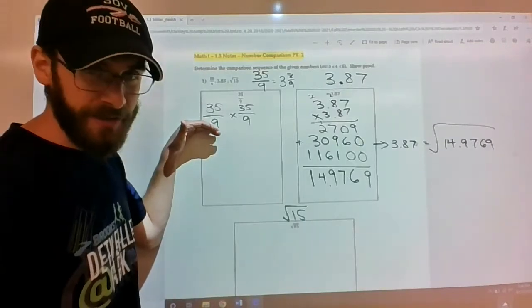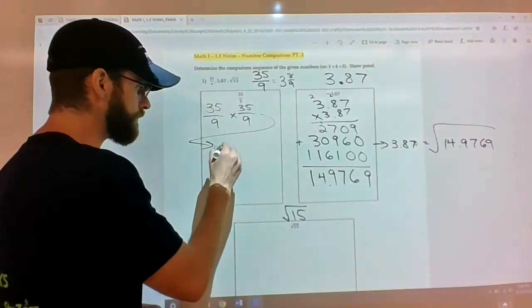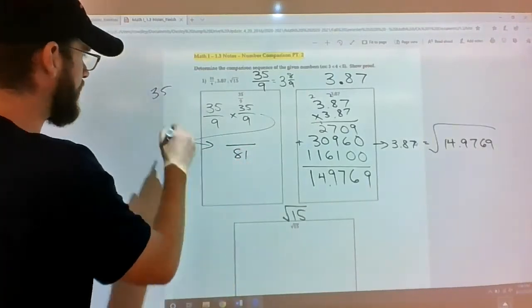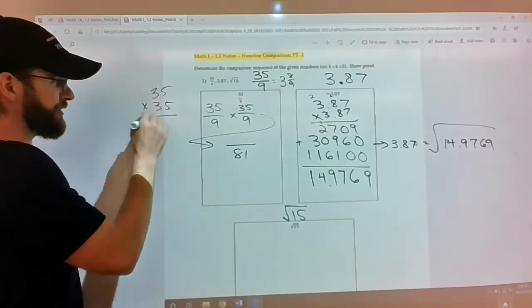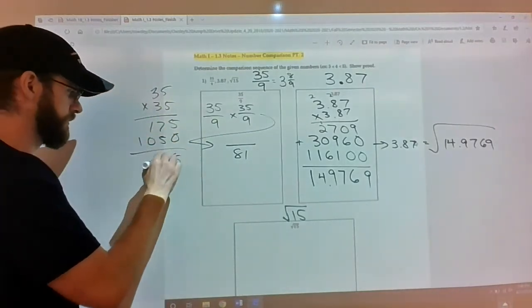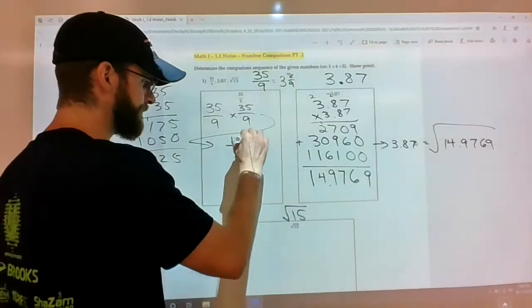Remember, it should be the bottom times the bottom and the top times the top. All right, so you got 81 on the bottom. 35 times 35 should be 1,225.